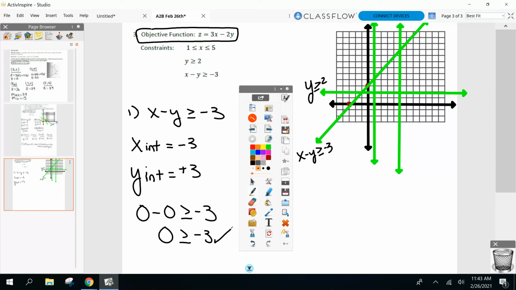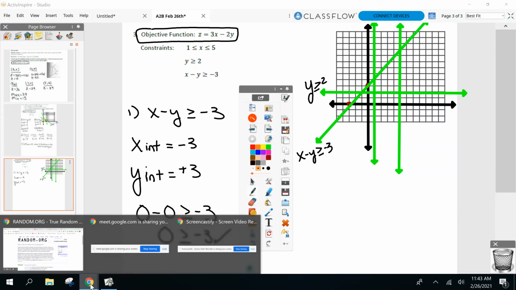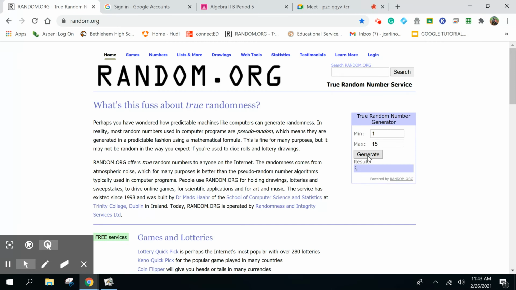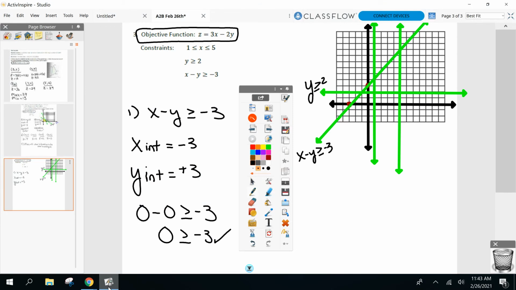Should I shade to the right or to the left of this? Isaiah, back to you. 0, 0 worked. To the right or to the left? To the left. If I shade to the left though, 0, 0 won't be a part of that shading. You see, so I want to shade to the right. So, shade to the right.